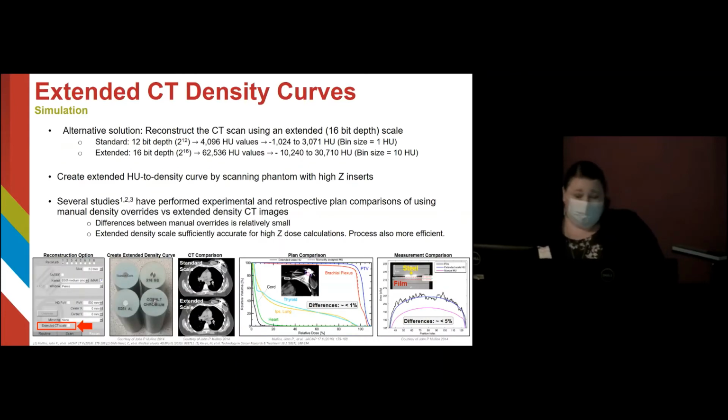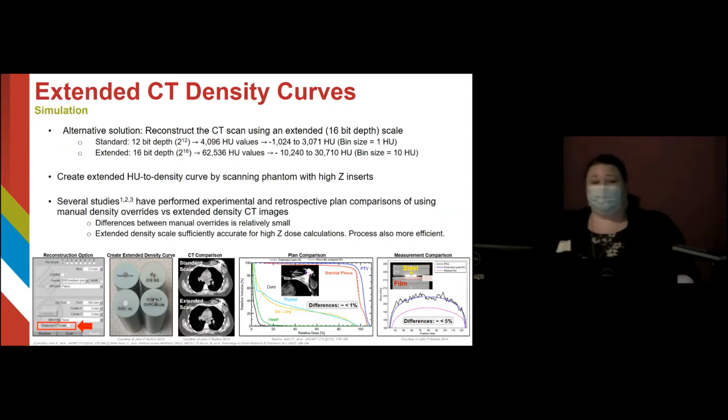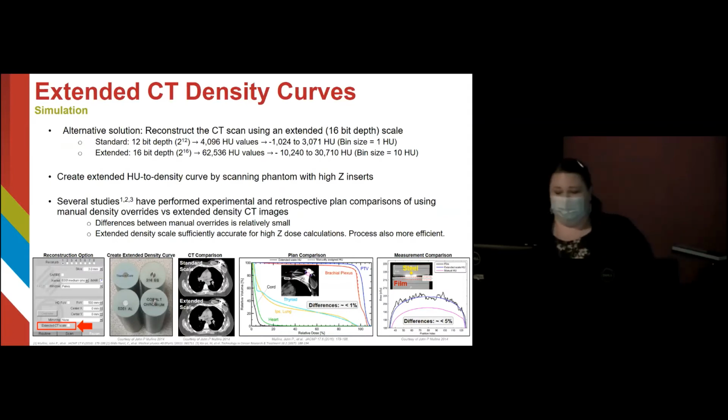So an alternative method is to simply reconstruct the CT scan using an extended 16-bit density scale, and compared to a 12-bit scale, this is going to give us a max HU of around 30,000 compared to 3,000. In order to use this in your TPS, you're first going to have to create an expanded HU to density curve by scanning a phantom with high Z inserts.